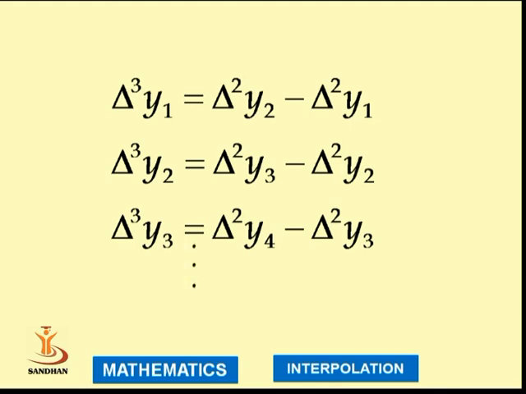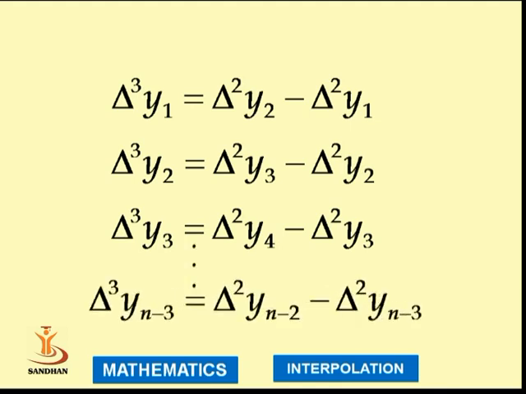So on, delta 3yn minus 3 is equal to delta 2yn minus 2 minus delta 2yn minus 3. The third order forward differences can be computed up to n minus 3. That is, for a table of 4 points, it would be up to 4 minus 3, that is 1. So for a table of 4 points, there would just be one value of the third order forward differences.